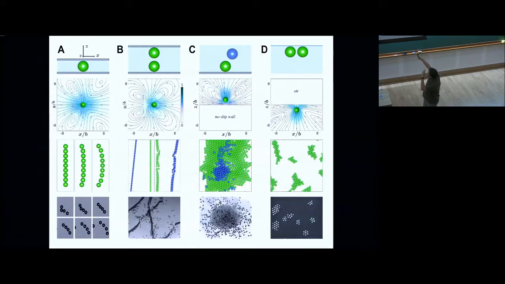And if you have a slip wall or air-water interface, for example, then you suppress these stalks significantly that are driving them out of plane, and one gets these nice, beautiful, dynamic crystals, very similar to what people have seen with colloids and so on. So the dynamics over there are exactly like what you expect for these active particles in 2 dimensions, right?